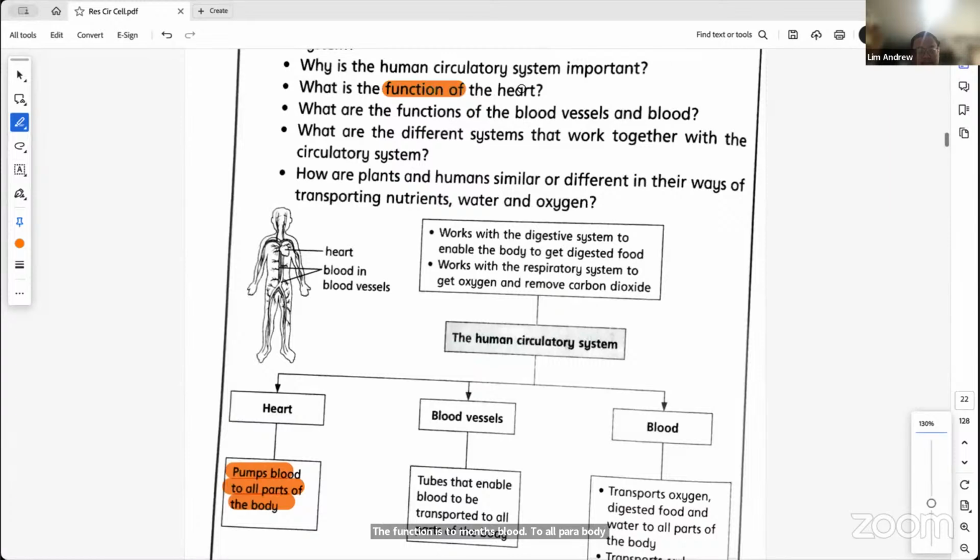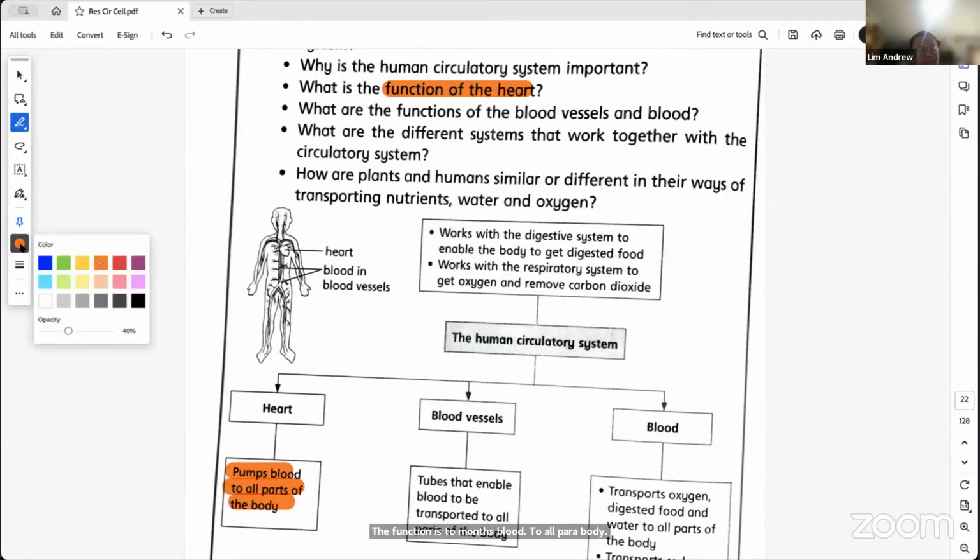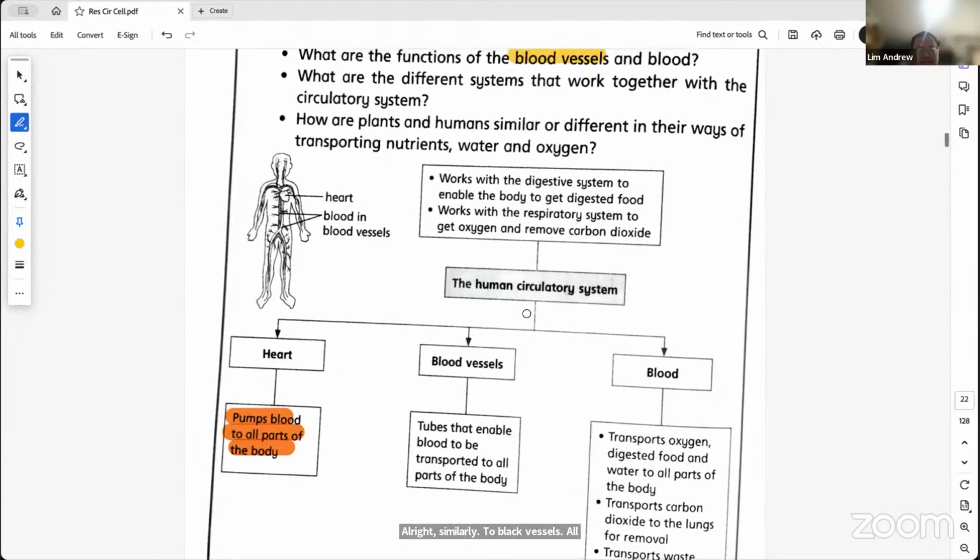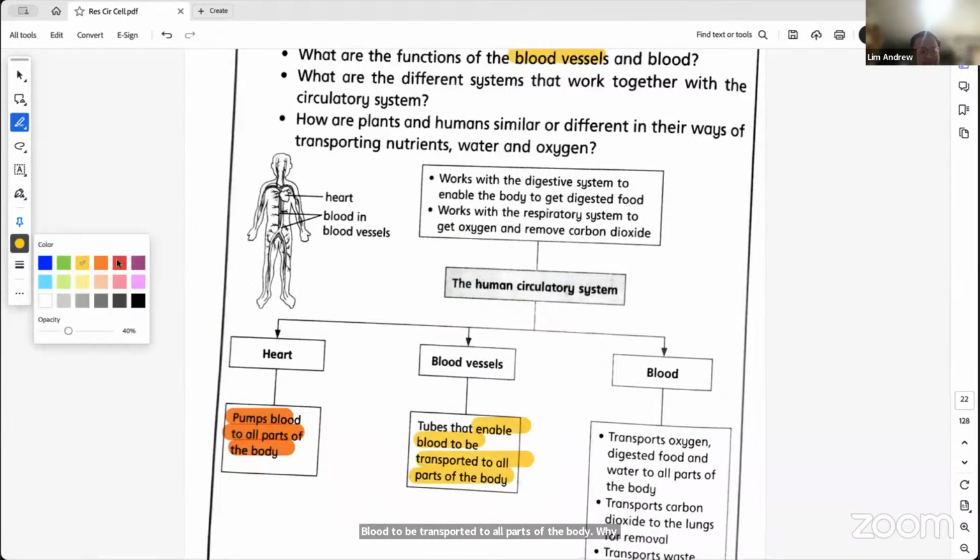All right. Similarly, for the blood vessels, the function is to enable blood to be transported to all parts of the body. Vice versa as the blood.